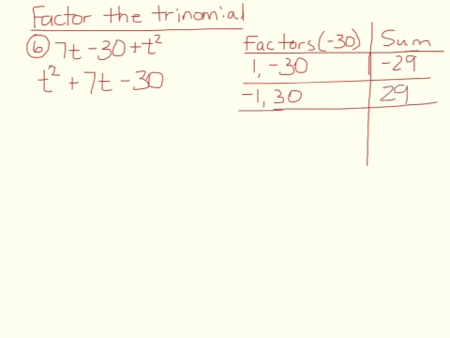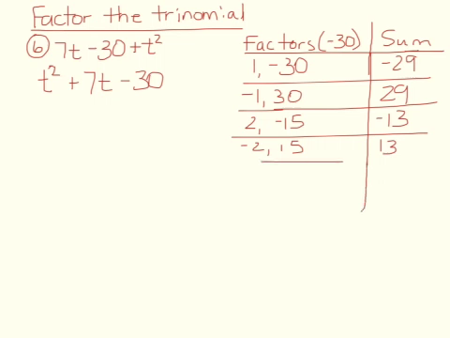Then I could have 2 times negative 15, and that sum is negative 13. And negative 2 times positive 15, and that sum is positive 13. Then positive 3 times negative 10, that sum is negative 7. And negative 3 times positive 10, and that sum is positive 7.